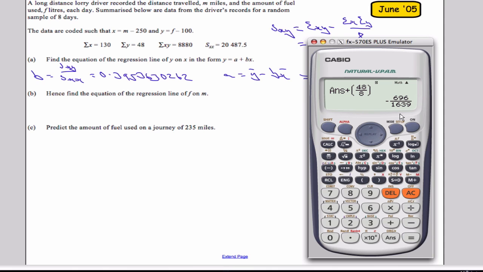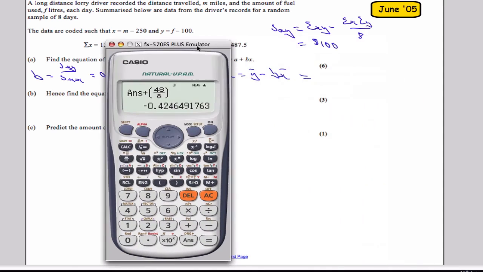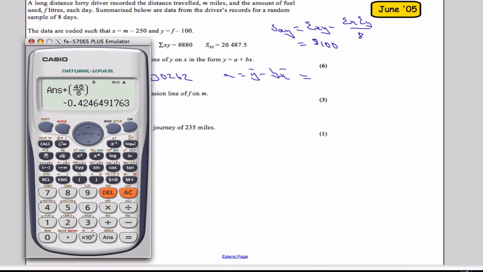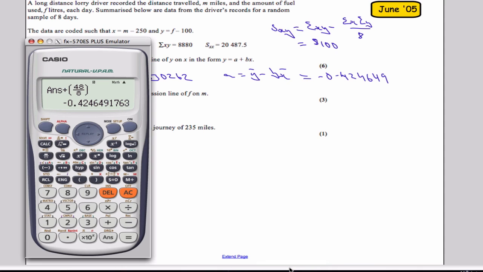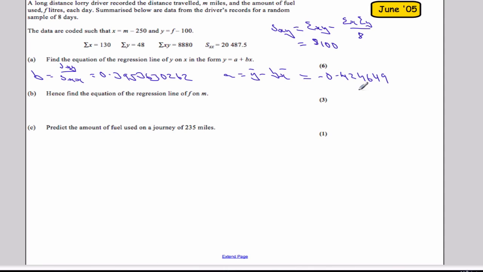So we get a value of a is minus 0.424649 1763.